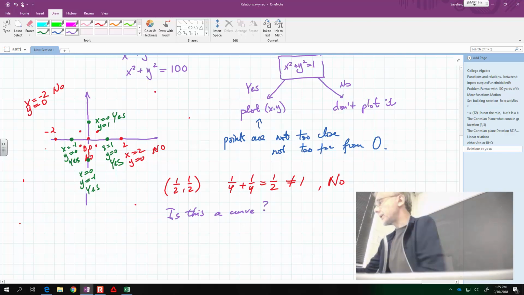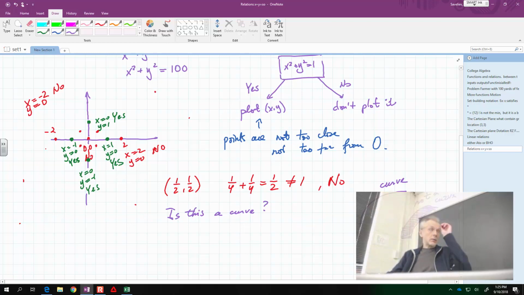Well, the difference is obviously this is a curve, and what we see on the picture is looking something like this. So the question is, does it have width or not? So this is a curve. This is not a curve. So just doing it with Excel does not really tell you the whole story.